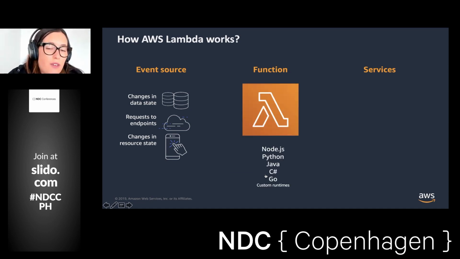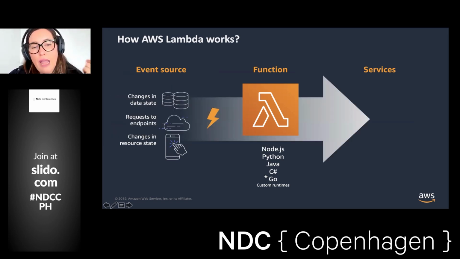Lambda functions come in whatever languages you can imagine. The most popular runtimes are supported by AWS out of the box. If you have some runtime that is not supported, you can always bring your own with our support for custom runtimes. And then this function starts executing, and what you can do with it is basically anything that you can do with a normal application.